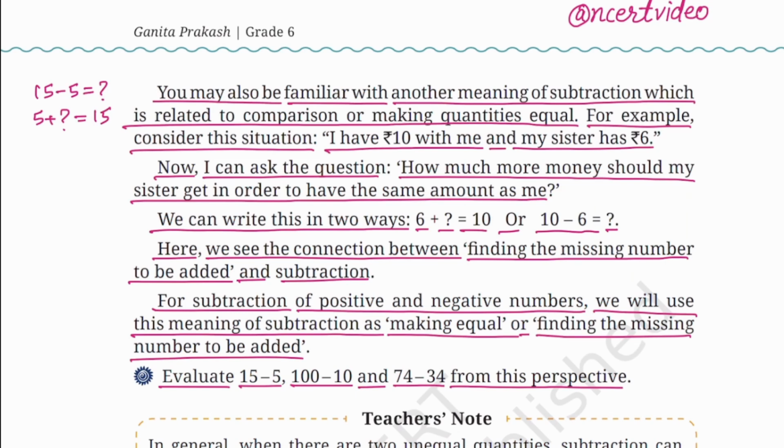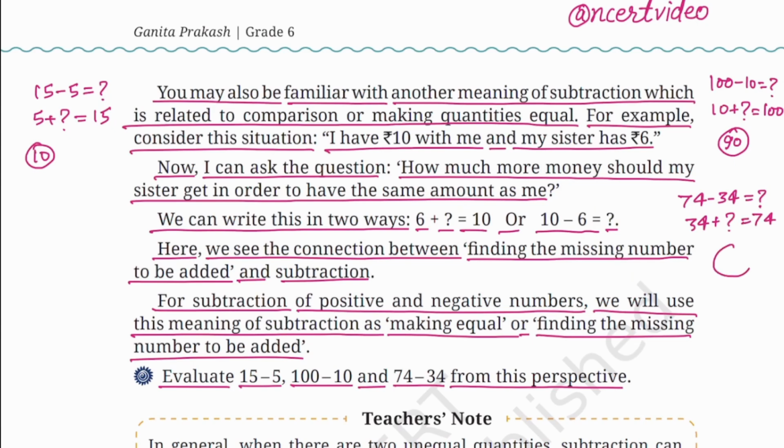The answer will be 10. Similarly, 100 minus 10 is equal to question mark, or 10 plus question mark is equal to 100. The answer will be 90. Similarly, 74 minus 34 is equal to question mark, or 34 plus question mark is equal to 74. The answer will be 40.